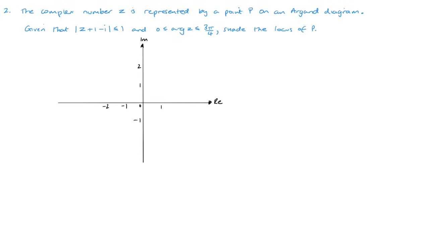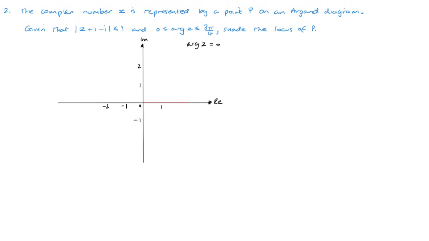So first we're looking at arg z equals 0. So that is from the 0 line. I'll do this in another color so that it stands out. So from the 0 line, and the angle is 0, so it's going to be in that direction.